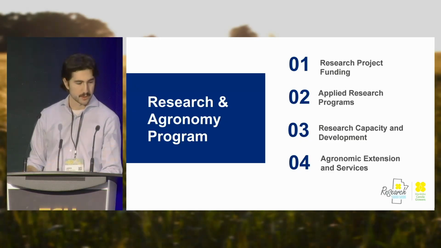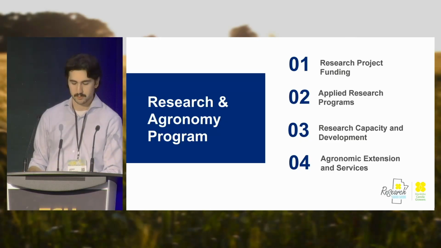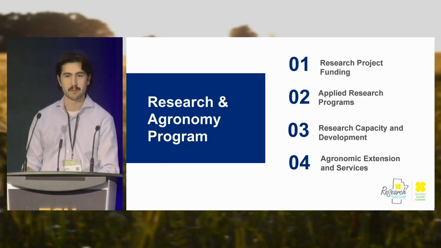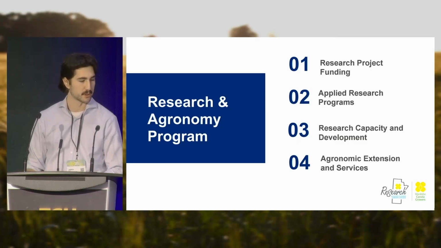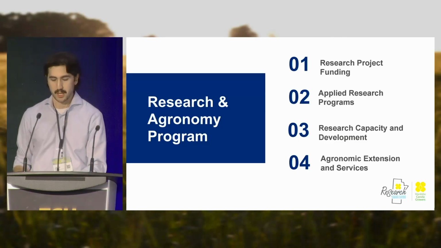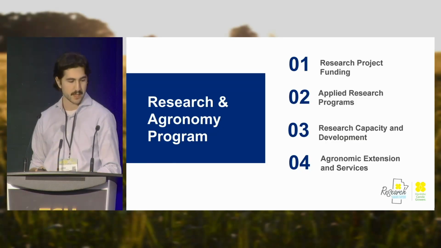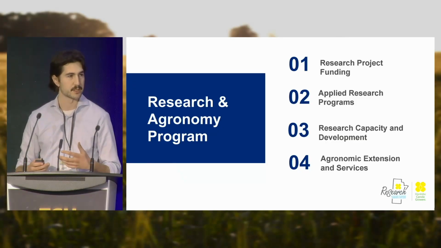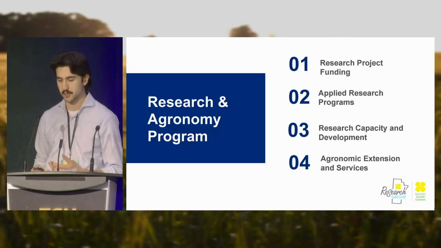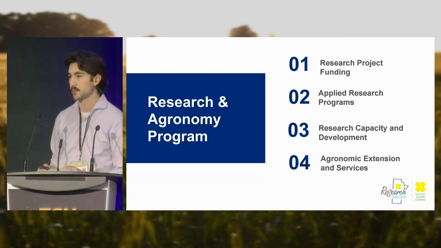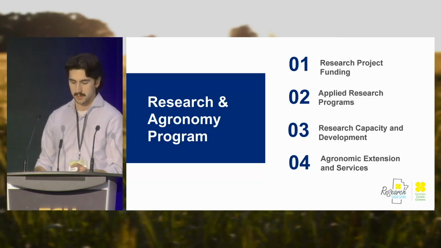We're going to be going through a flash talk of each of our main areas in Manitoba Canola Growers research, focusing first on the research project funding and the applied research programs. These constitute 86% of our research funding categories.